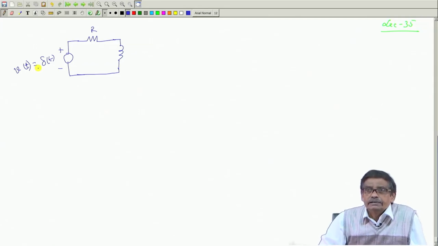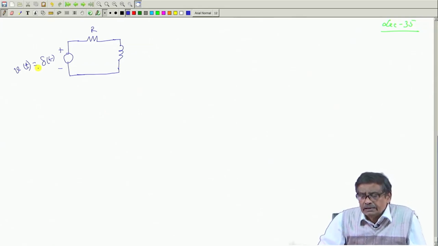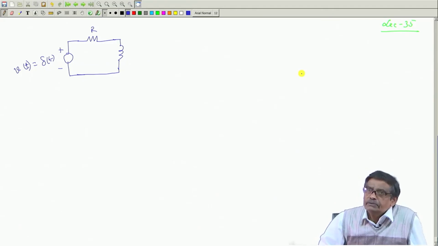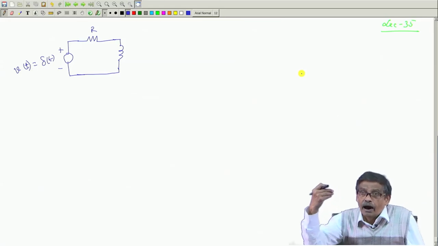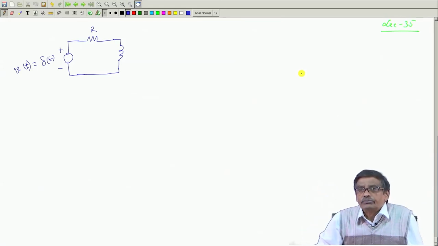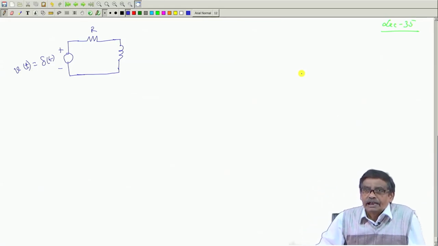But the important thing is, we will show later that if the circuit is linear and time invariant, and you know the impulse response, which you will do on pen and paper, then you can predict the performance of the circuit for any other arbitrary input signal. That is why people study this.